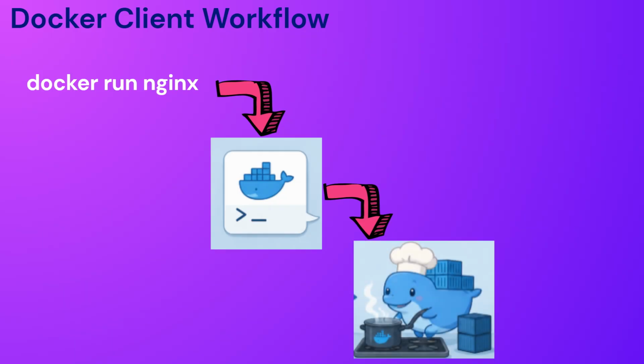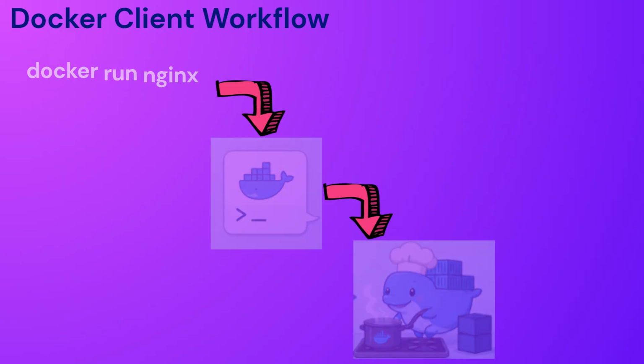The Docker daemon processes the request and it creates and starts the container as well. So notice something important here. The Docker client never creates the container. It only sends the request. The Docker daemon performs all the actual work.